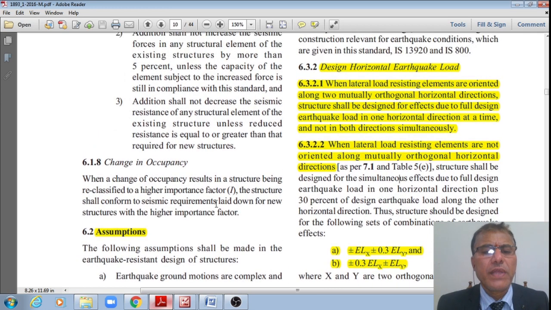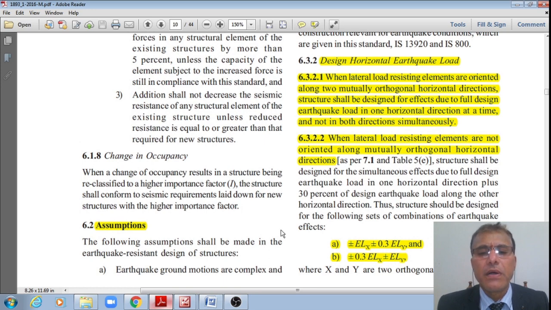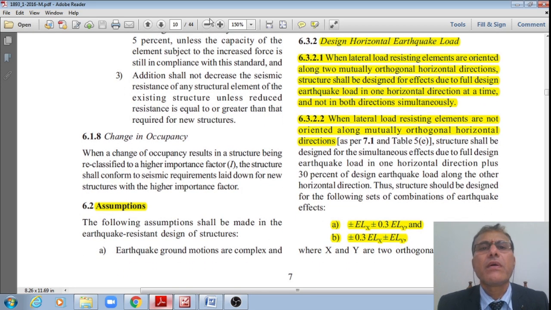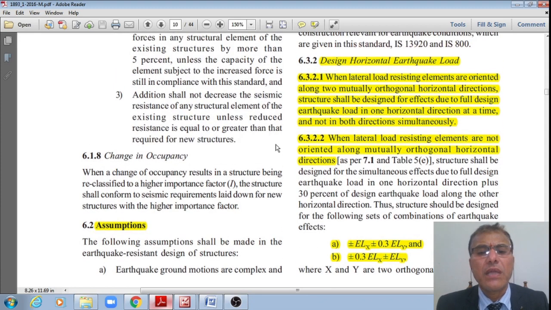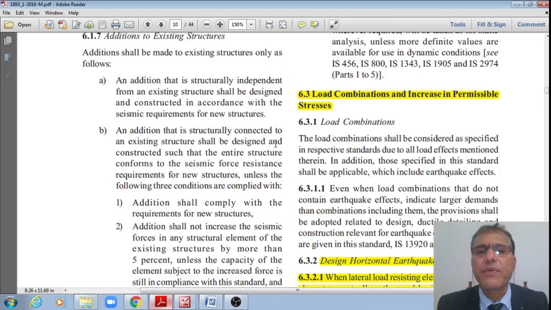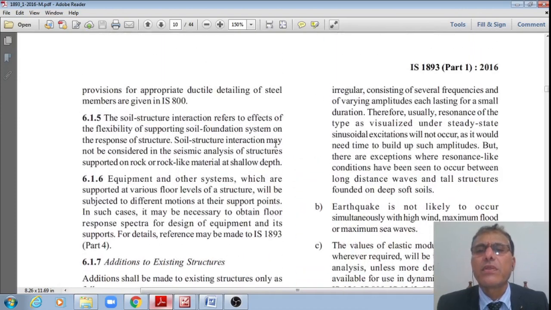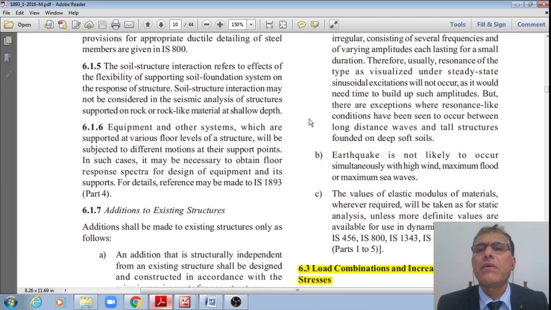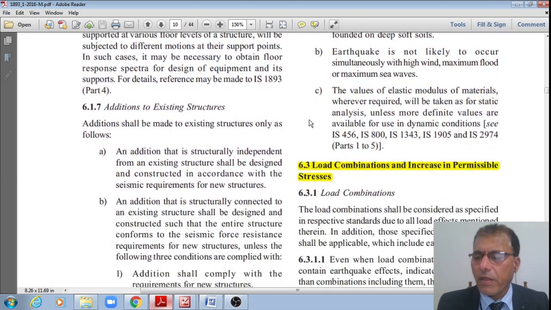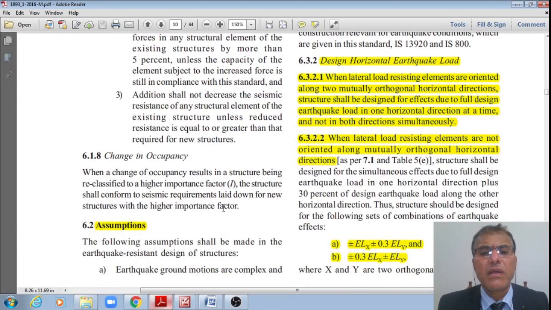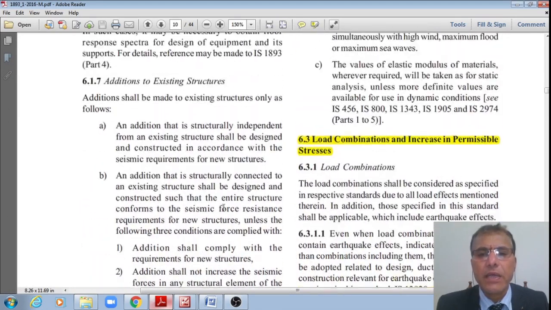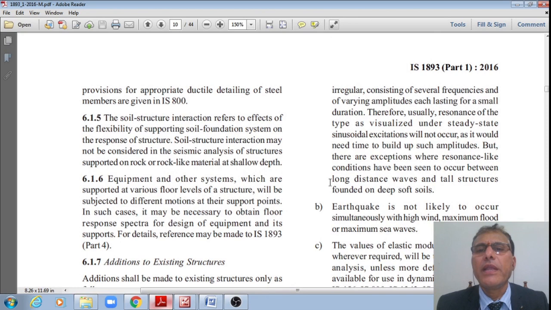Now let us see the assumptions made in this code also. These are the assumptions. All the earthquake ground motions are complex and irregular, consisting of several frequencies of varying amplitudes, each lasting for small durations.